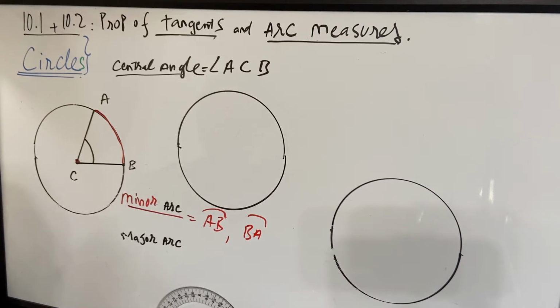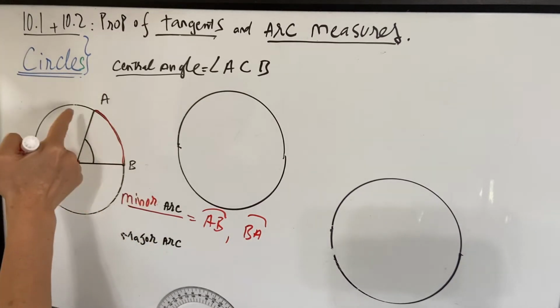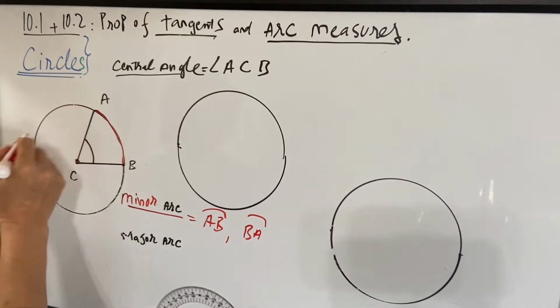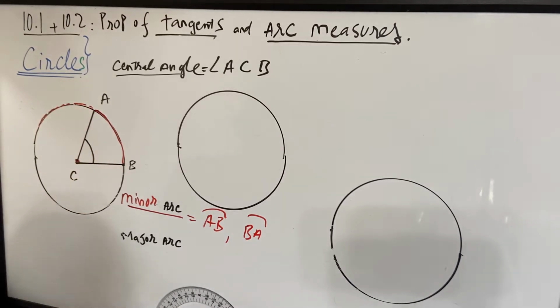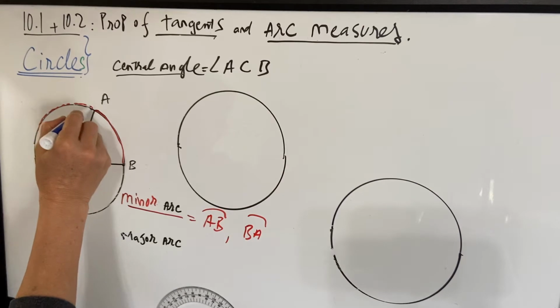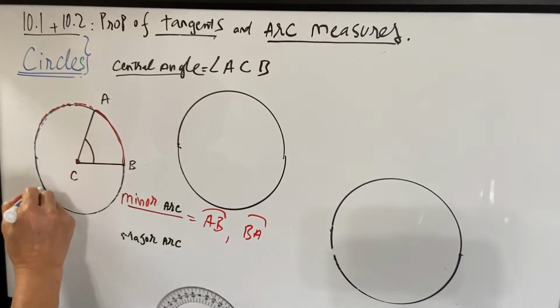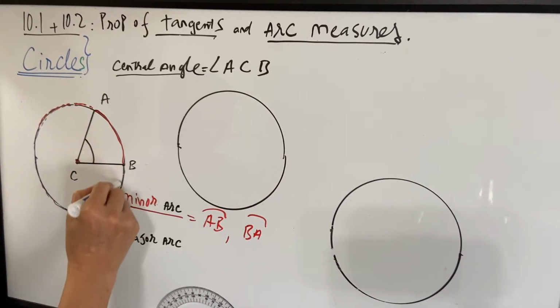All right, now you ask, Mr. Chang, what if you go counterclockwise, or the other way around? What about AB going like this? What do you call that? Let me use a different color for you. What would you call it if I go another way and still define an arc AB? There we go.